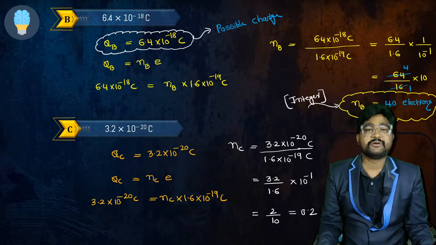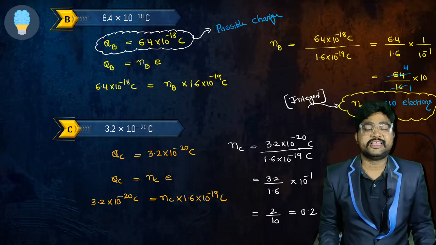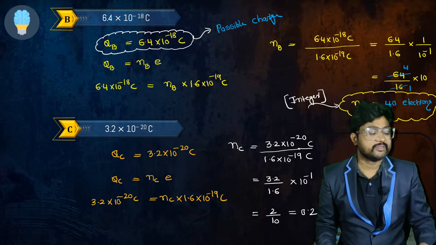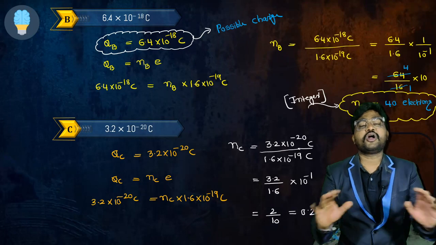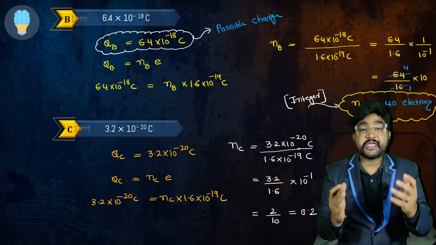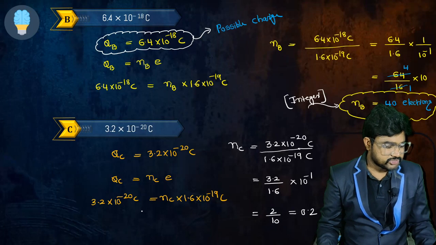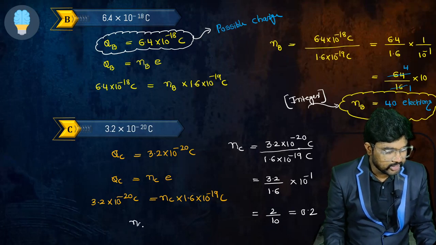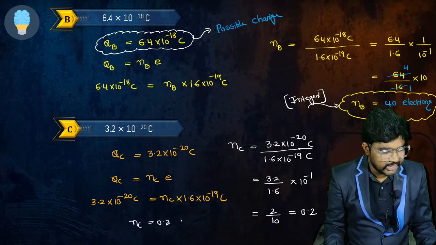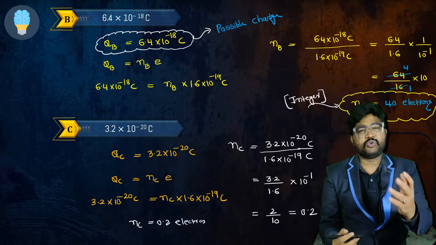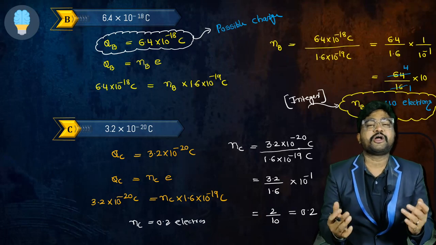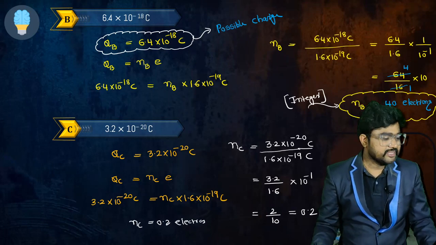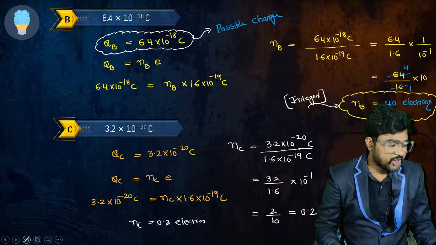0.2 number of electrons is not possible. It is not an integer value. That means option C, 3.2 into 10 to the power of minus 20 coulomb, is not a possible charge, because N_C equals 0.2. Generally 2 electrons or 5 electrons is possible, but 0.2 electrons is not.